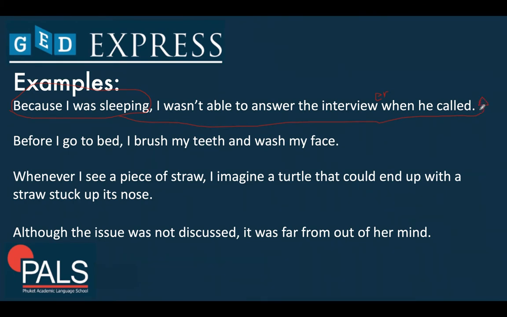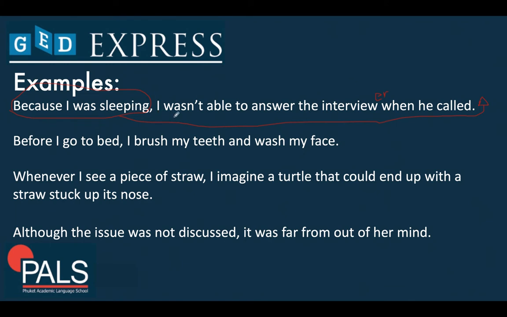If you remember from English classes, teachers always say never start a sentence with the word because. This is the only way that you can start a sentence with the word because: you turn it into a dependent clause and put a comma there and then basically just twist the sentence.